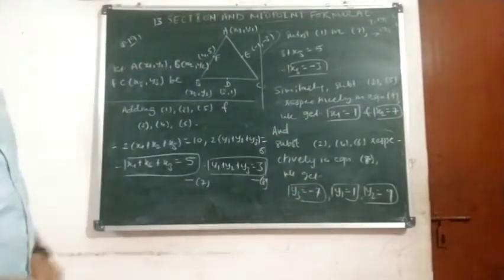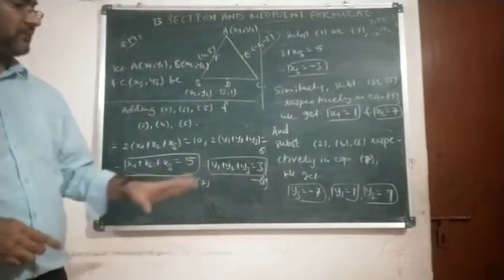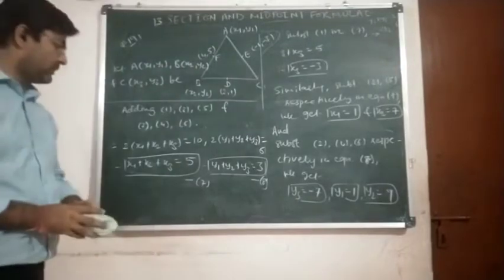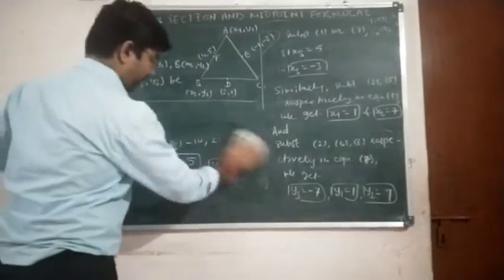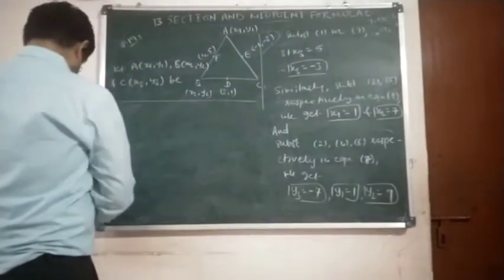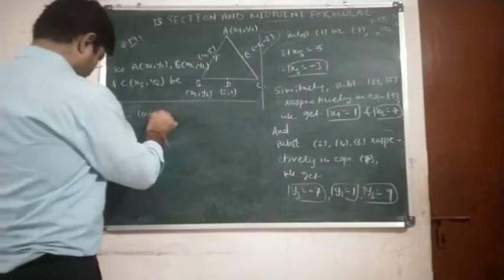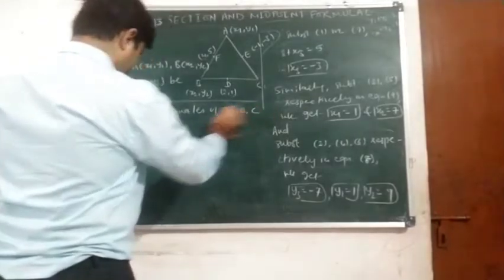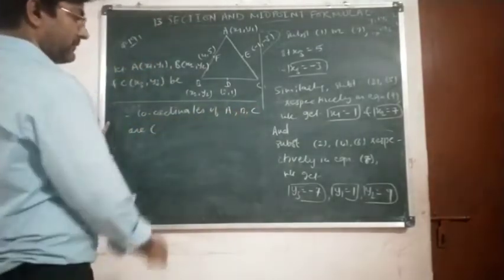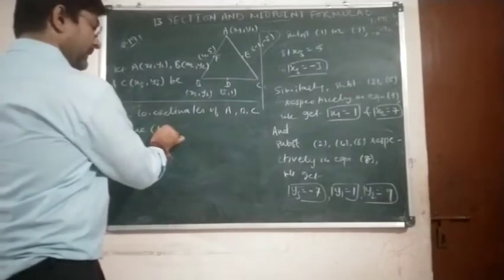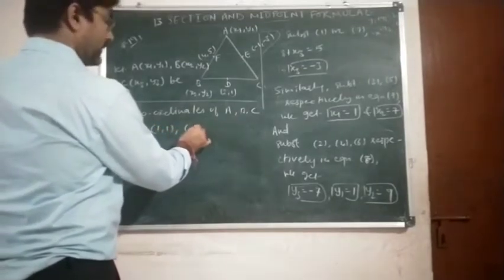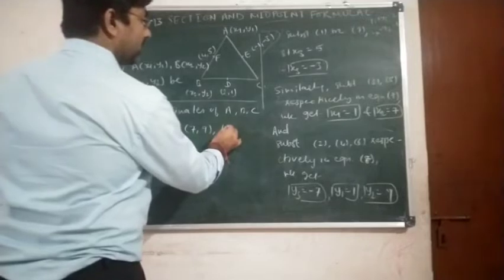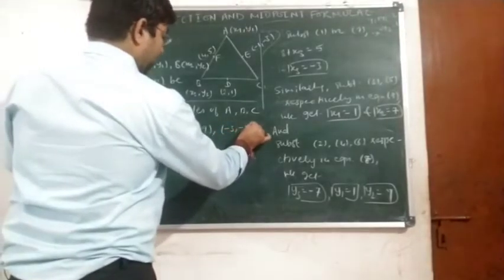Okay, so now we got the values of x1, x2, x3 and y1, y2, y3. So we can find out the coordinates of ABC. Let me write down the coordinates of ABC. Therefore coordinates of A, B and C are (x1, y1), x1 is 1 and y1 is 1; (x2, y2), x2 is 7, y2 is 9; and (x3, y3), minus 3, minus 7.